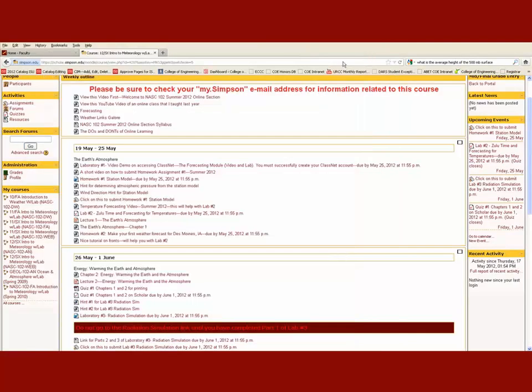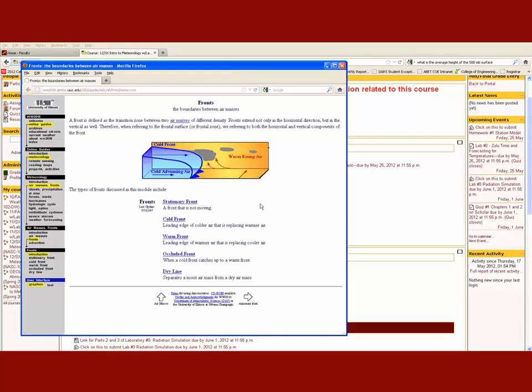Now, you'll recall that here I've put out a link to a nice tutorial on fronts. So if you go to this link, this is a link over at the University of Illinois that talks about the different types of fronts.